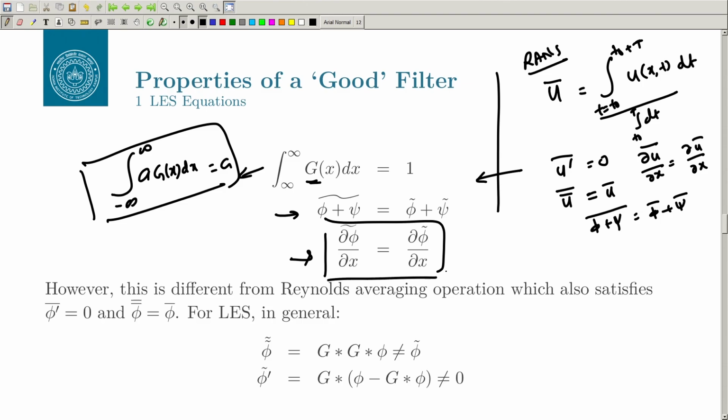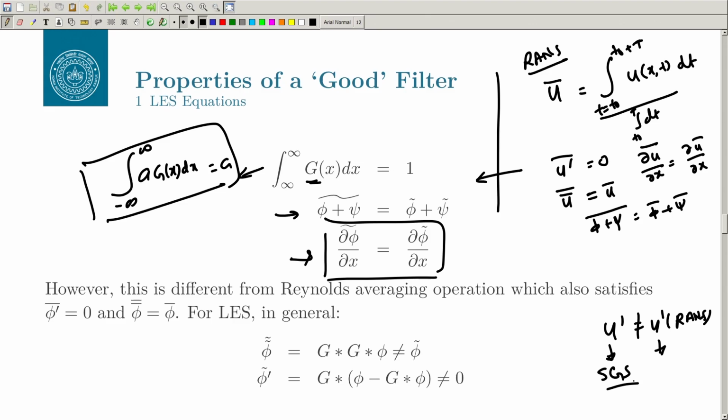It is different from Reynolds averaging, because we had discussed earlier that our fluctuation u prime in the LES is not the same as the u prime in Reynolds averaging. This is a turbulent fluctuation and this is the LES fluctuation, or SGS fluctuation, which would be the proper term.